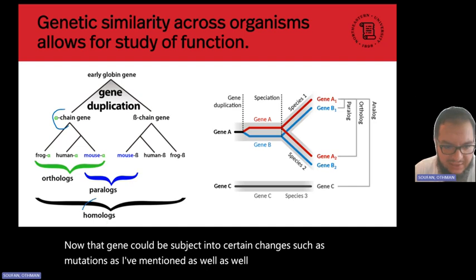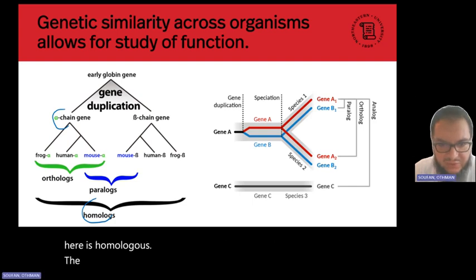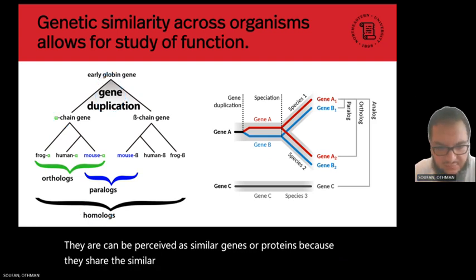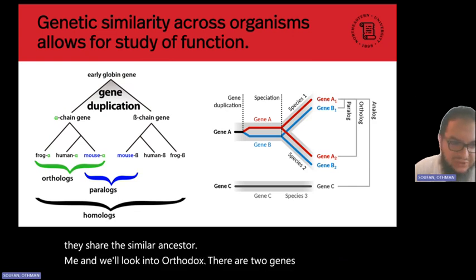And what I make clear here is homologous. They can be perceived as similar genes or proteins because they share a similar ancestor. When we look into orthologs, there are two genes in two different species.